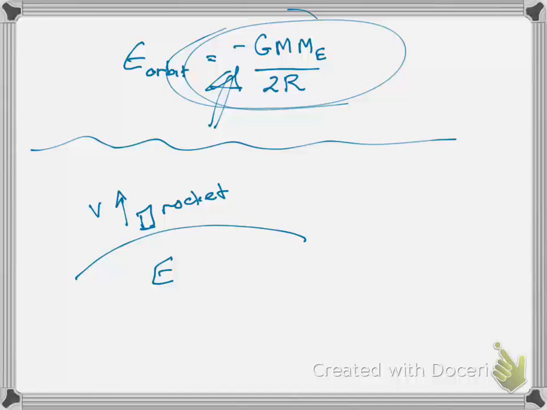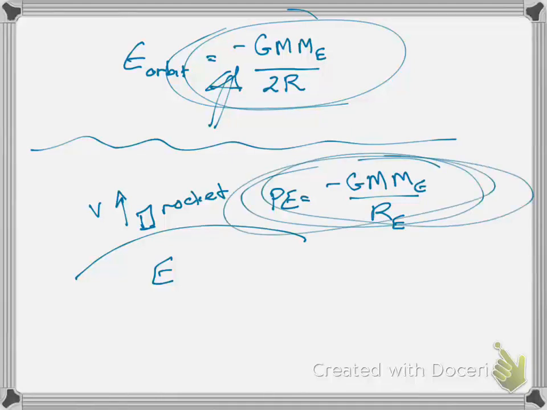Well, that's a pretty easy question to answer, because at the surface of the Earth the potential energy is minus G m_rocket m_Earth over r_Earth, so we need to give it that much kinetic energy in order to get it unbound from the Earth.